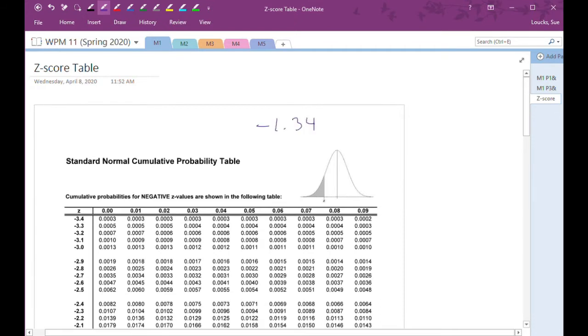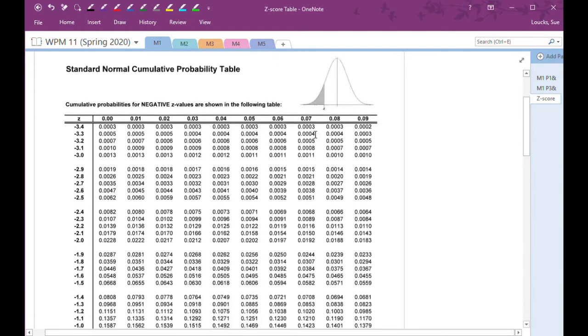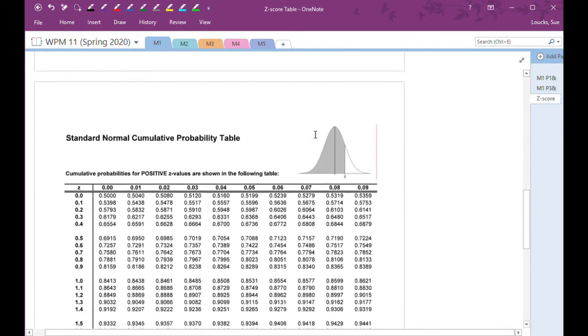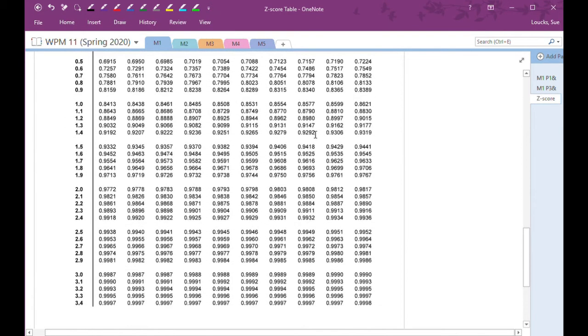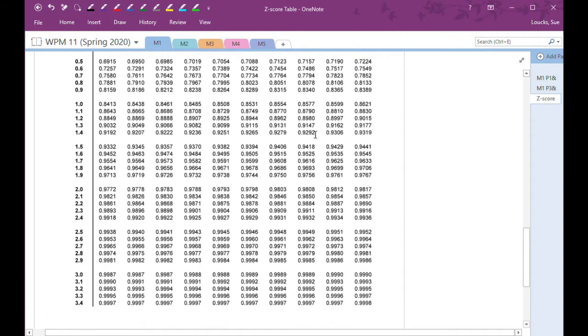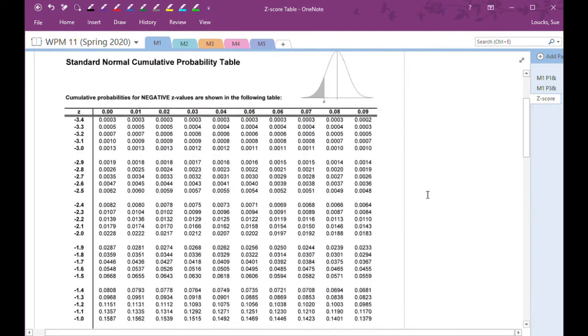The Z-score table is 2 pages. The front page starts at negative 3.4 and goes to 0. And the second page goes from 0 to positive 3.4. Actually, 0.349 would be this one down in the corner here. But we're looking for negative 1.34.